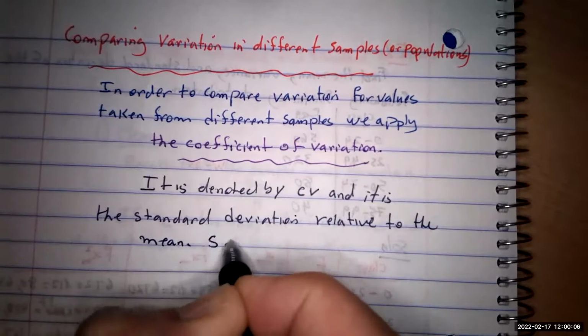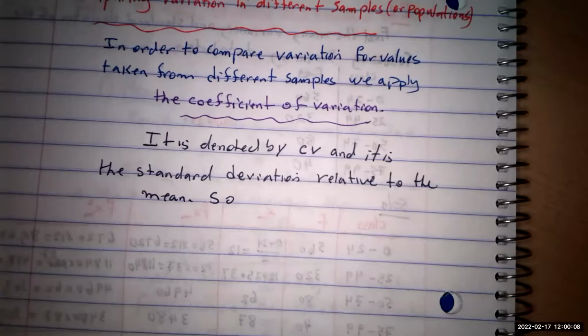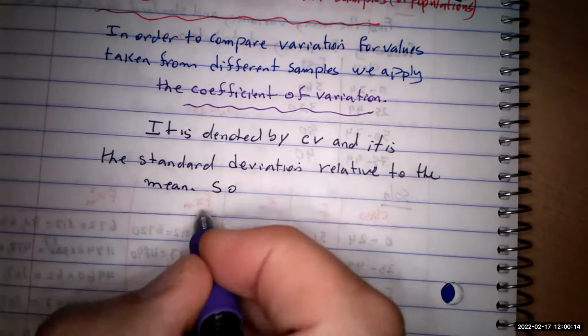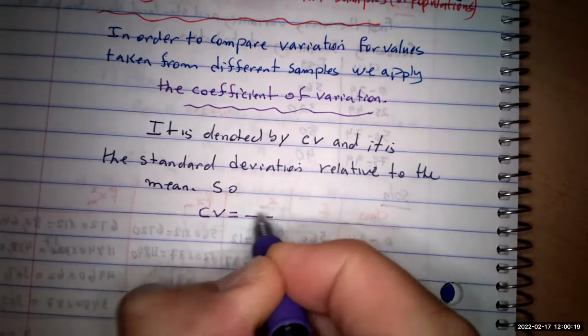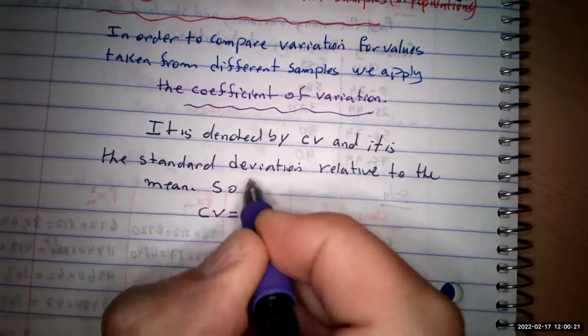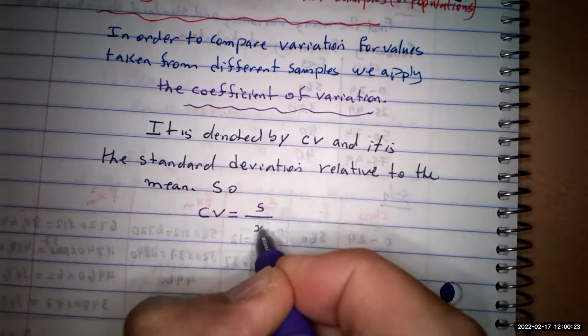So this is the formula. You can bring any formula. I've given this one on the test. Some people just miss the formula. Make sure to write it correctly and bring it to the test. You see, it's the standard deviation, S on the top, relative to the mean, divided by X bar.